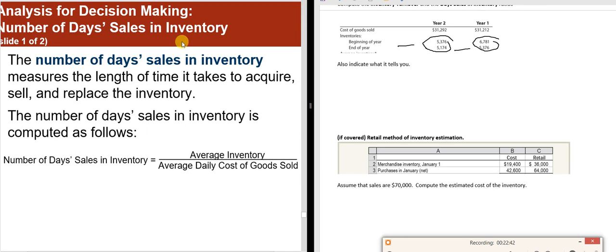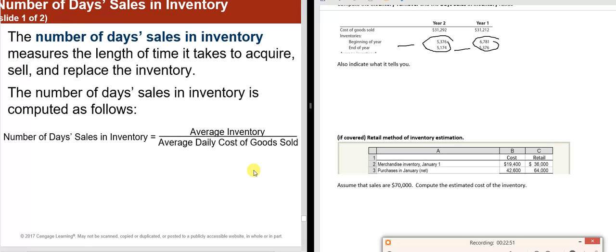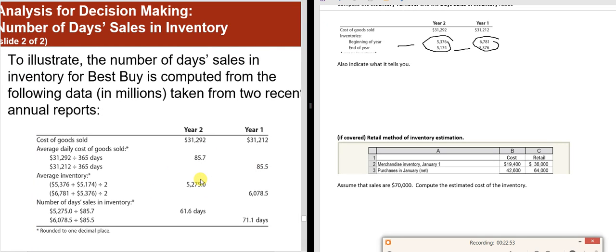Another one is the number of days sales in inventory. You take average inventory divided by your average daily cost of goods sold. I'll show you another method to do this, possibly in class. But anyway, so cost of goods sold divided by 365 is this much sales a day.